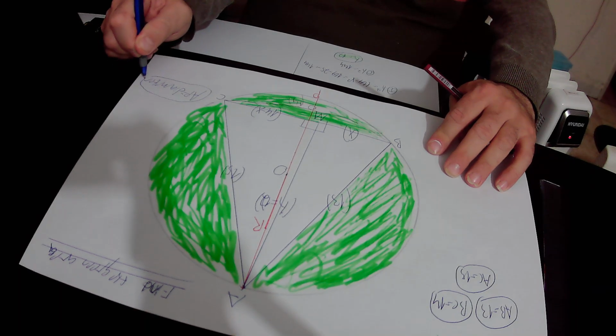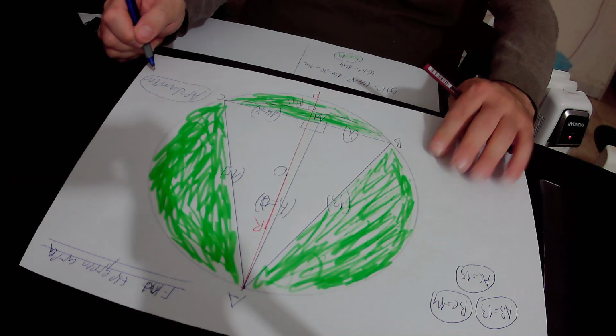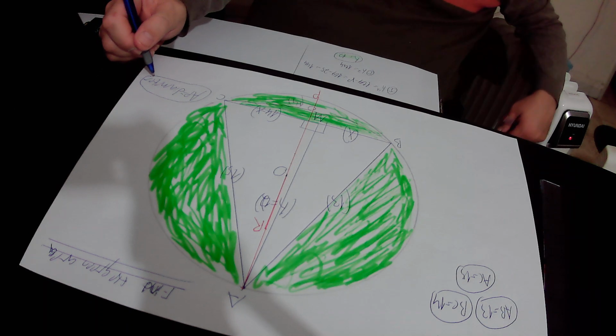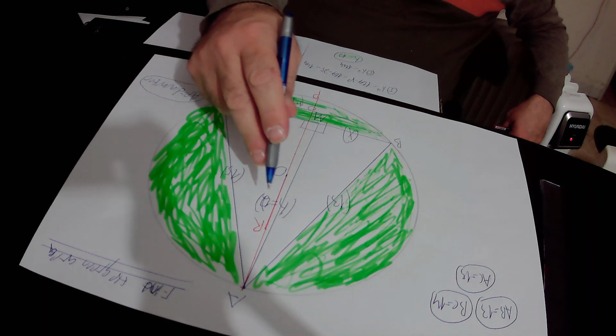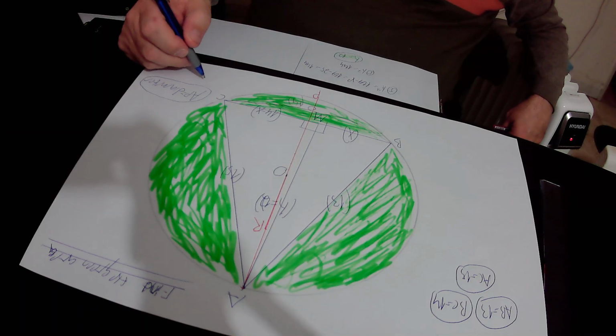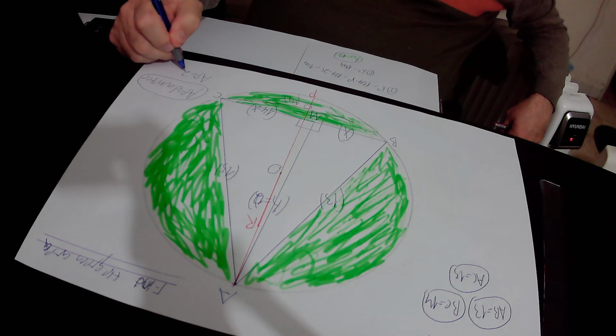And we also know that the diameter of any circle is twice as long as the radius. The radius of this circle is R, therefore the diameter AP must be equal to 2R. AP equals 2R.